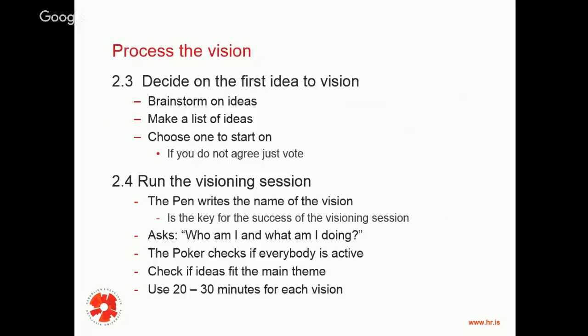So when you're making the vision, the first thing you do is to brainstorm a list of ideas. And then you choose one to start writing, drawing. And if you can't agree which one to start on, you just vote, and then you draw that one.